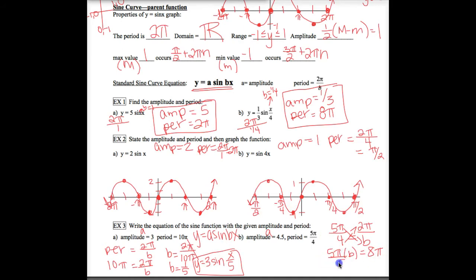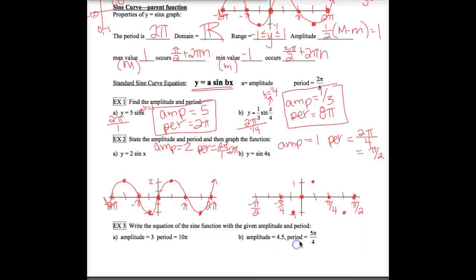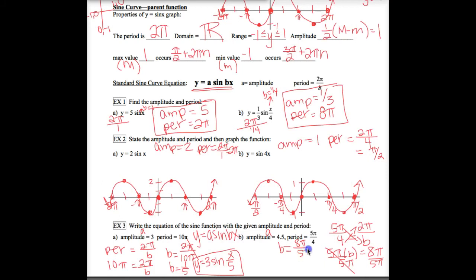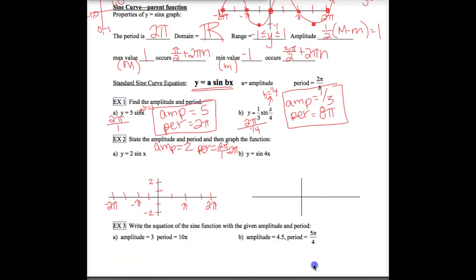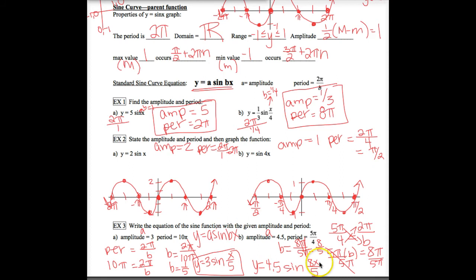So to get b alone, I would be dividing by 5 pi. So b equals 8 pi over 5 pi, and then the pi's cancel. So you just have 8 over 5. So now just write the equation. y equals a, which is 4.5, sine of 8/5 x, which would be 8x over 5.